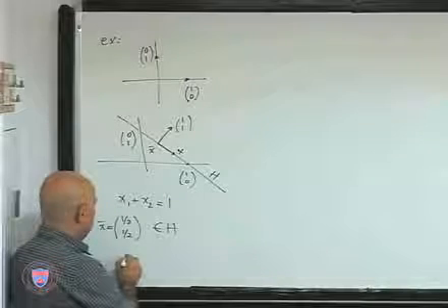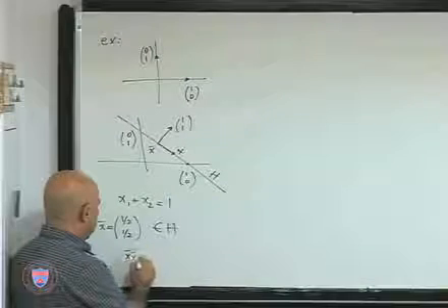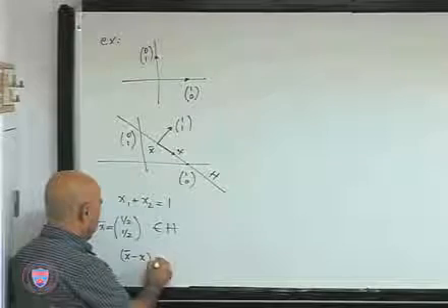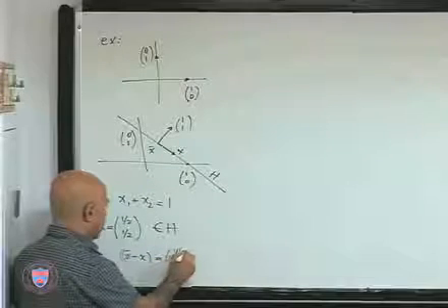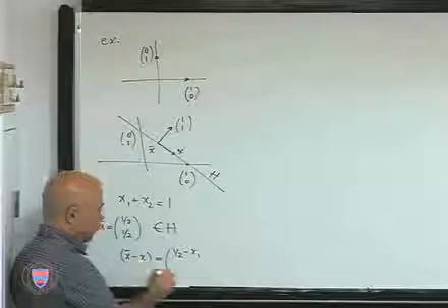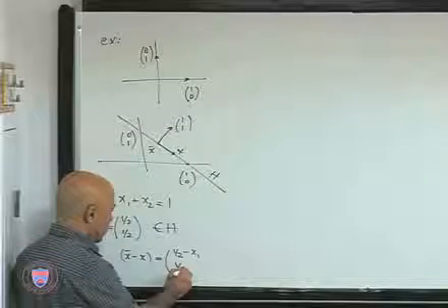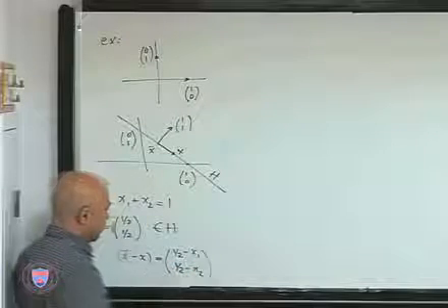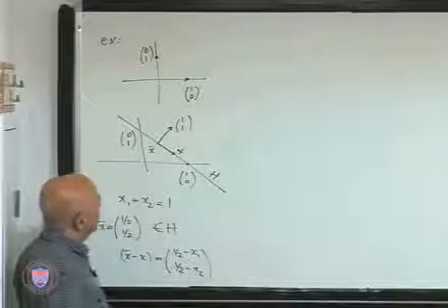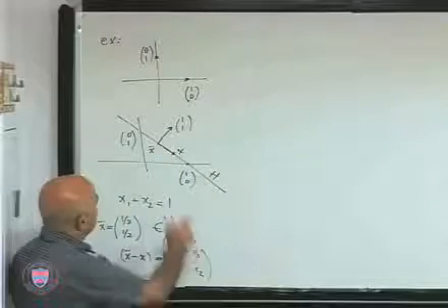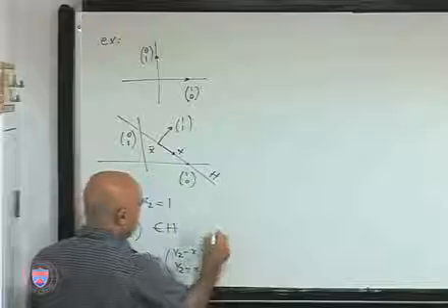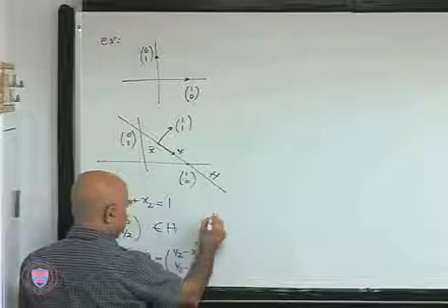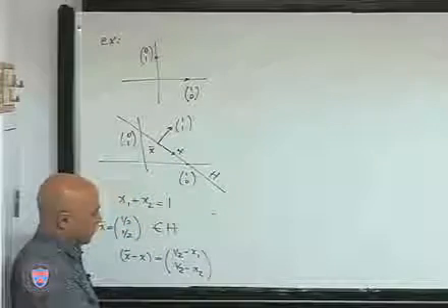So if you look at x bar minus x, we get 1/2 minus x1, which is the first component of x, 1/2 minus x2. Is this orthogonal to 1, 1? Well, let's just try. Is it or is it not?